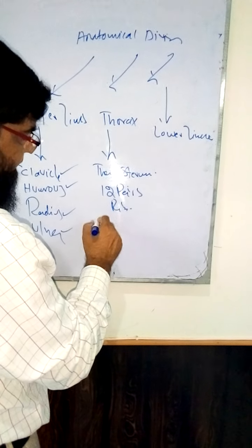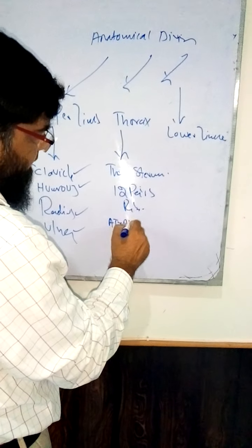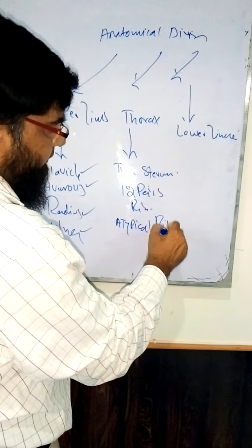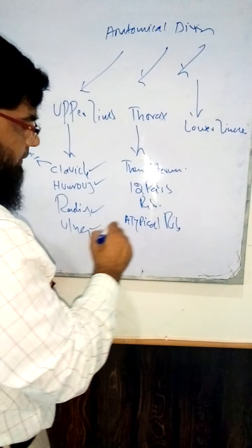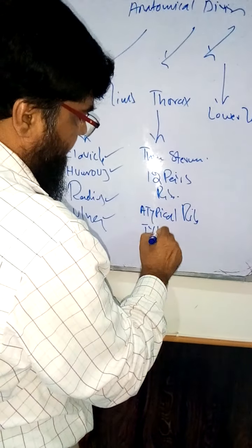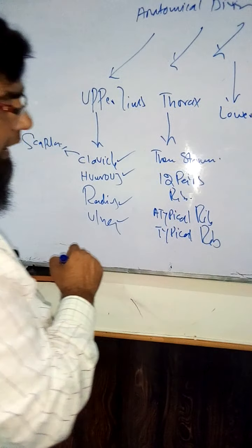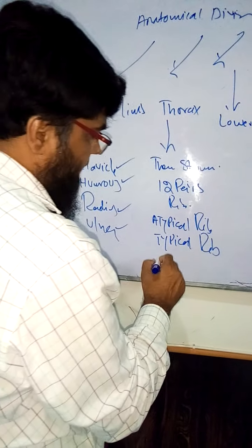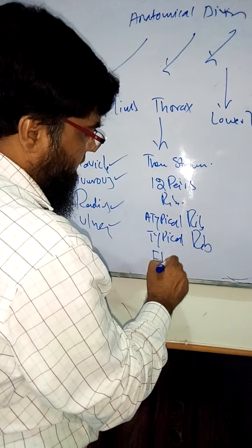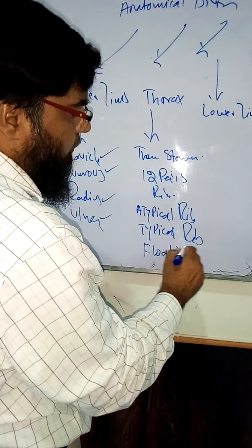We can categorically divide them into three types: first, the atypical rib; second, the typical rib; and third, the floating rib.